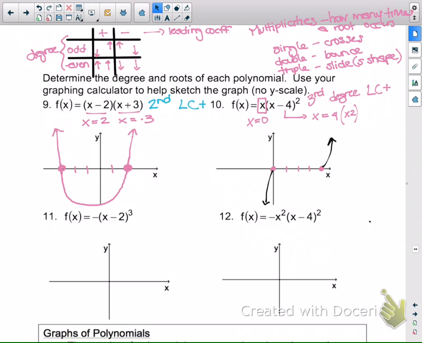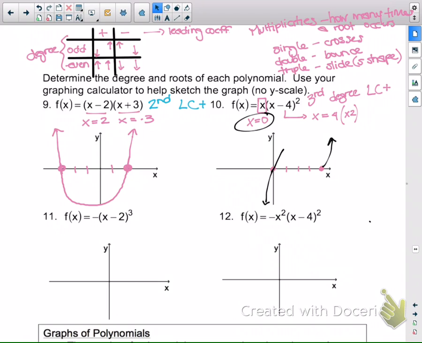So then to finish our graph, I use the multiplicities. 0 was what kind of root? A single, double, or triple? Single, which means at 0, what's the behavior according to our multiplicities? It just crosses directly through. Okay. What happens at 4 when it's a double root? What do we call that? A bounce, which means it literally touches it and goes back in the same direction.